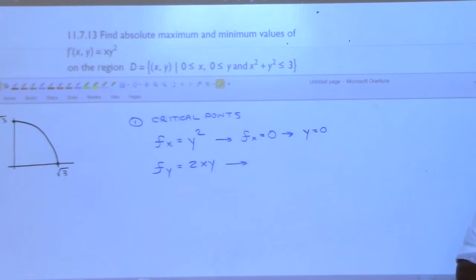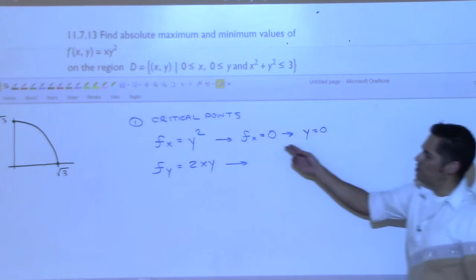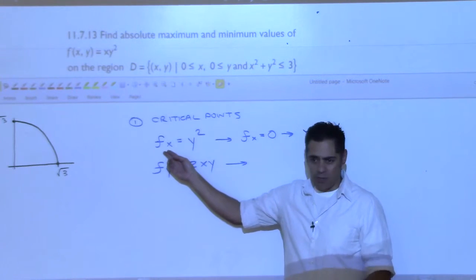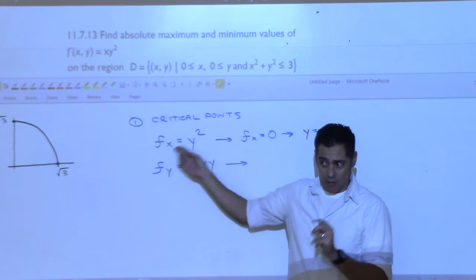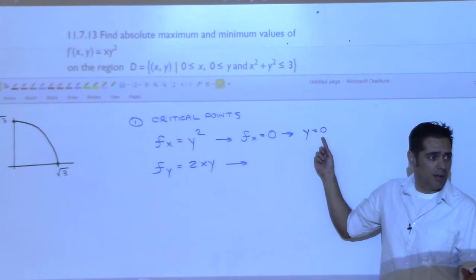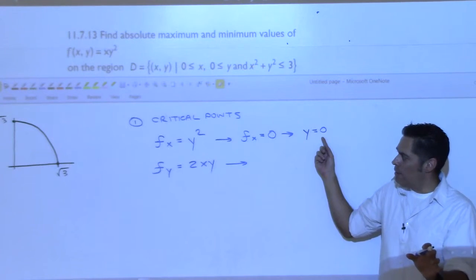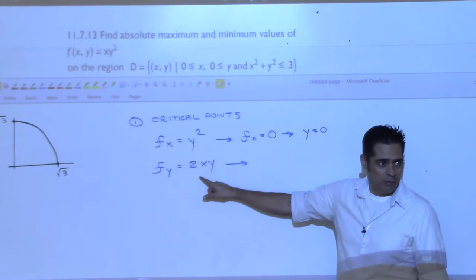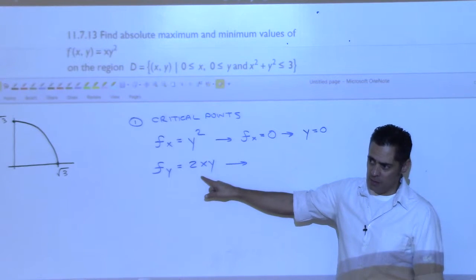We haven't seen this, have we? This is a first. See, for your first partial with respect to x to be equal to 0, y has to be 0. So we have no choice but to let y be 0. But once y is 0, this equation's always true, regardless of x.